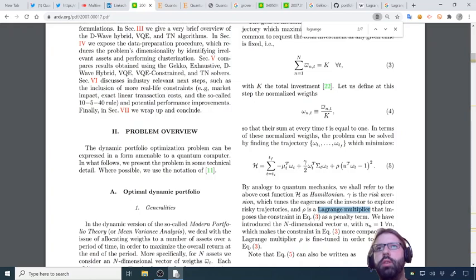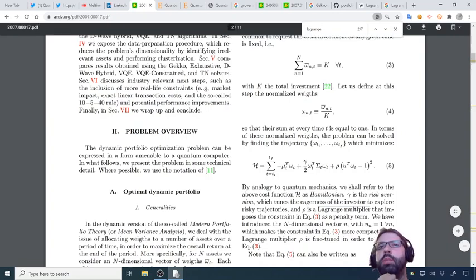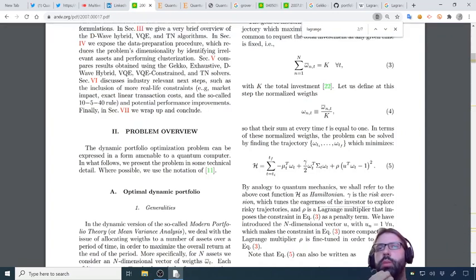So those are being penalized. But how does this ensure that you really invest k, that it equals k? That's what I don't really understand. How does this work, that it actually ensures the investment equals up to 1? It doesn't pick a smaller portfolio with less investment. How is the constraint really enforced?